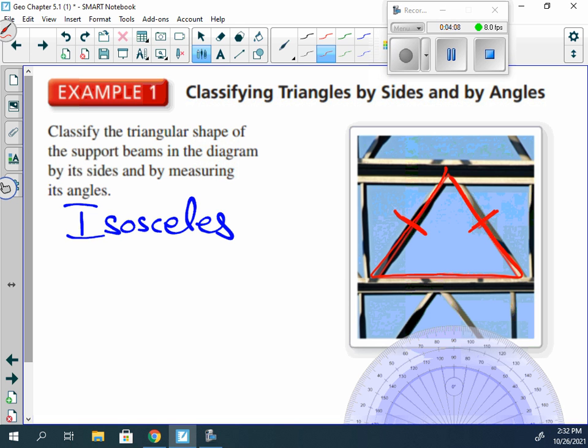Now, if we measured them, these two angles down here would both be 55 degrees, and this top angle would be 70 degrees. Because those would add together to be 180. But how can we define the triangle given these angles?